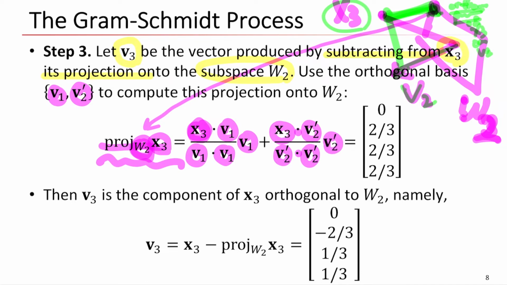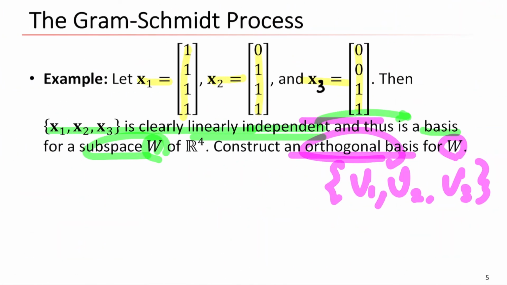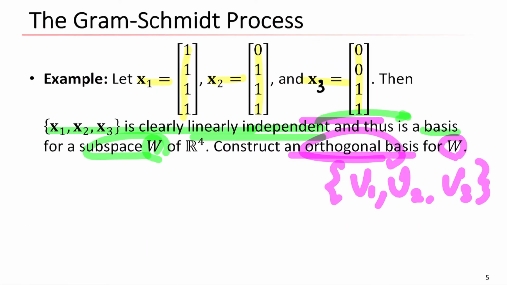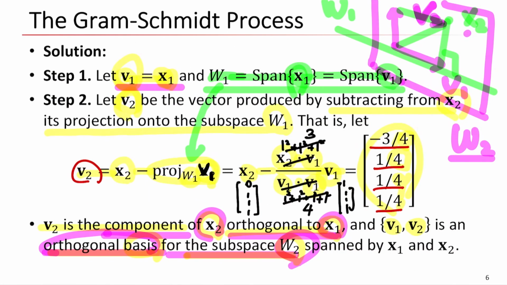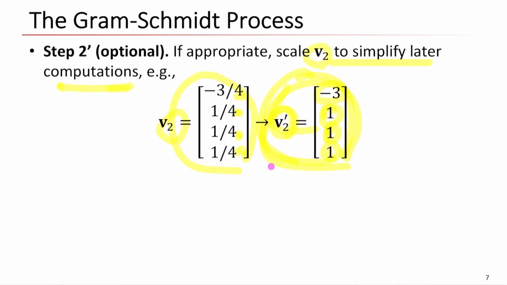So how can we do that? Because x3 is here, right? And V1 is just x1, so it should be here, right? And V2 is equal to something like this, right? The scaled version of the V2 is something like this.